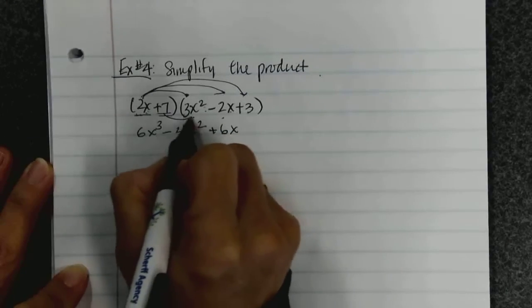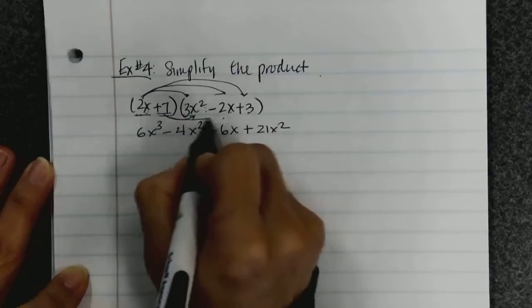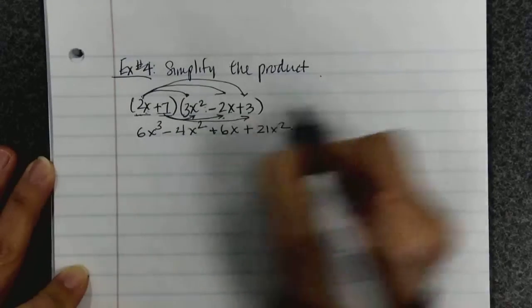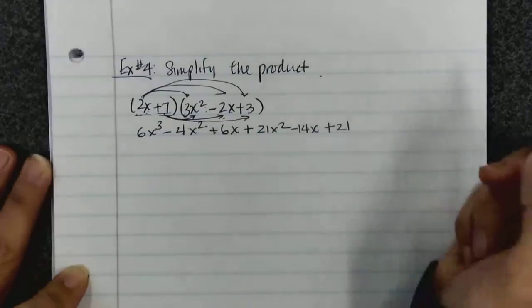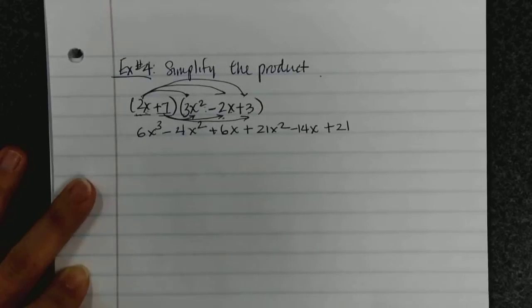7 times 3x squared is plus 21x squared, and 7 times negative 2 is negative 14x, and 7 times 3 is plus 21. Now we're going to combine like terms and put it in standard form.